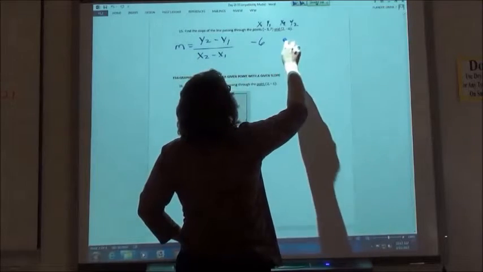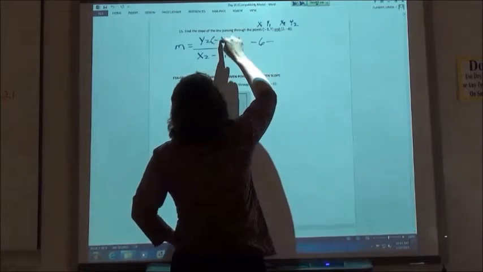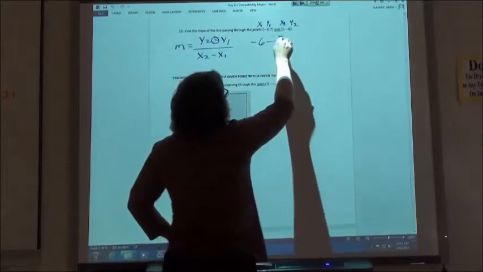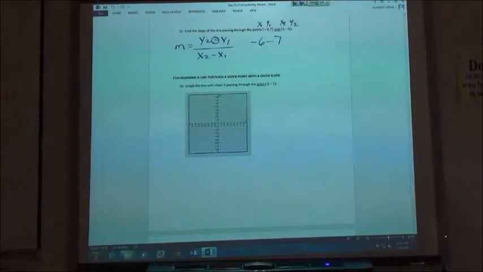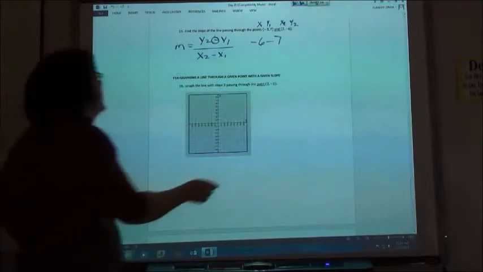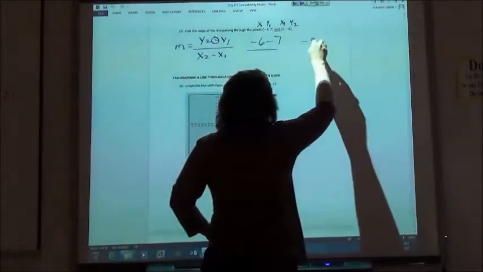Whoops, are we going to minus that one too? You always minus. We always minus. So -6 minus a 7, not minus a negative like we had before. That's why we changed it to plus when we had minus a negative. So minus 7. So -6 minus 7 would be -13.